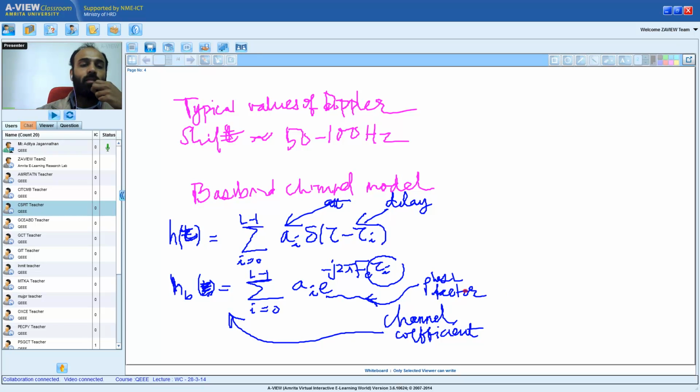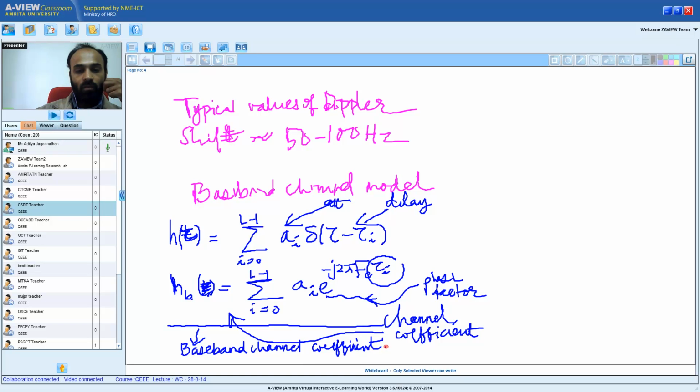This whole part, a_i e to the power of minus j 2 pi f_c tau_i, is the baseband channel coefficient.